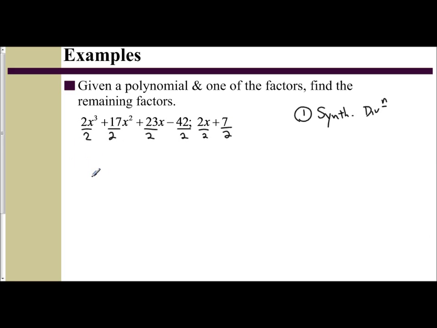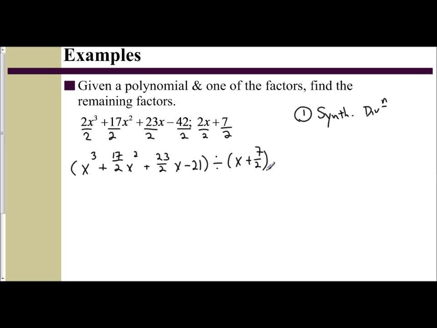So divide everything by 2. You have x cubed plus 17 halves x squared plus 23 halves x minus 21. And we're going to do the synthetic division with the binomial now of x plus 7 halves.